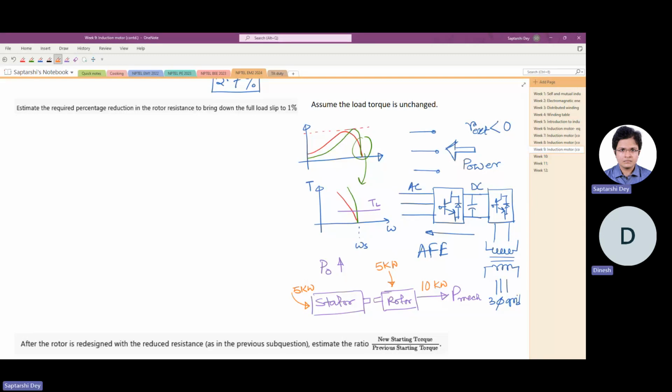What I was thinking is, it's all about, see, this current you do not change. Instead of short circuiting this terminal, you have increased the voltage such that there is a reverse flow of power.